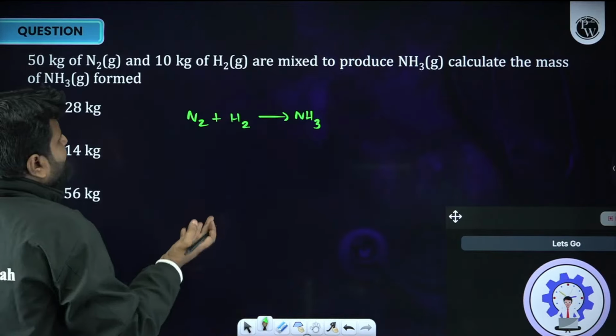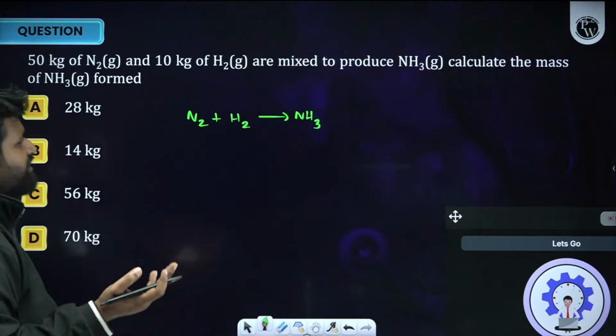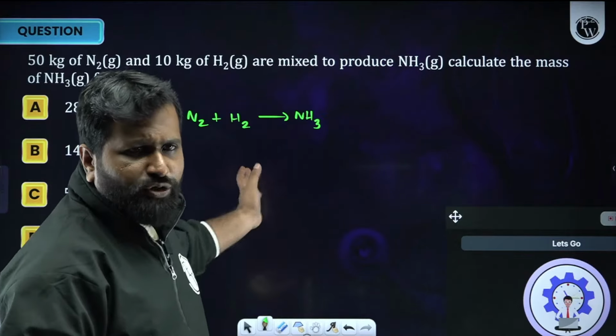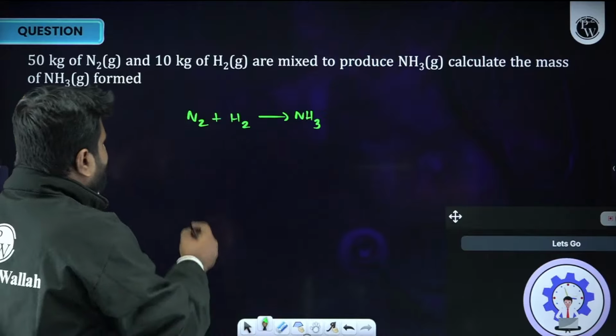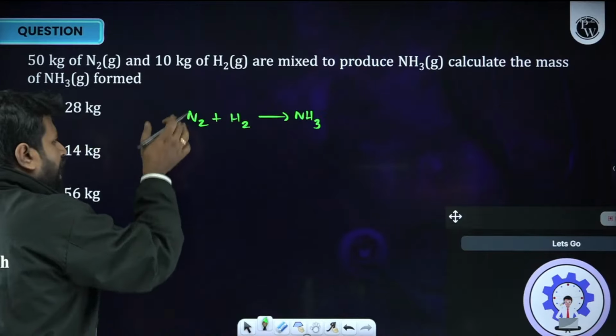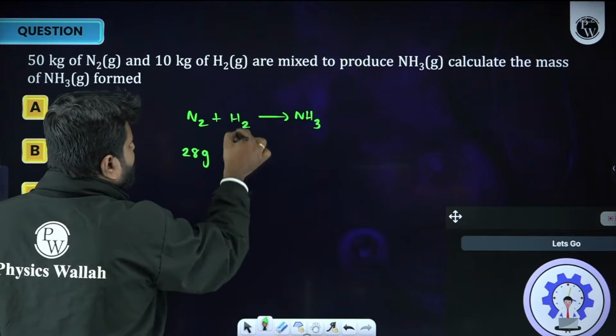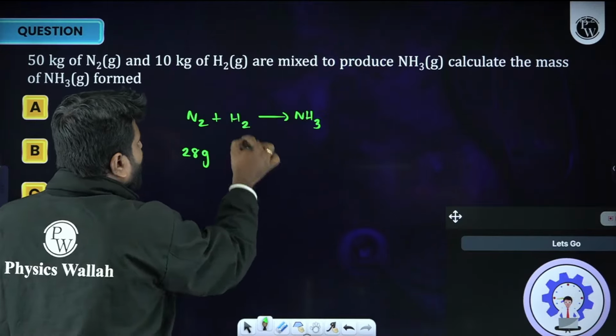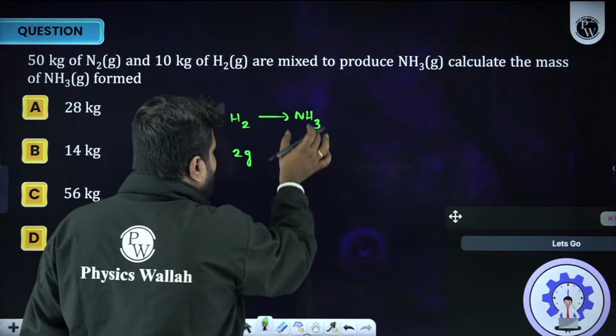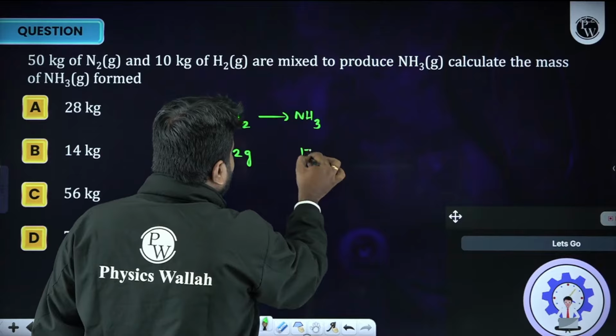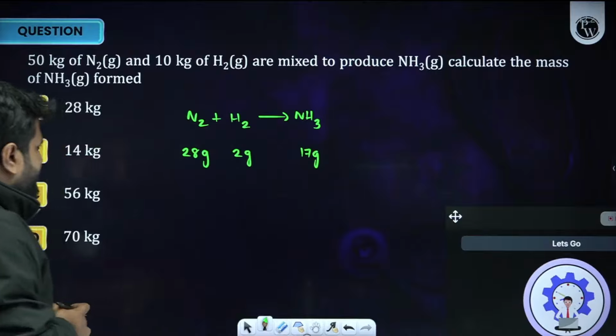Calculate the mass of NH3 obtained. It is very simple, so we can use the mole concept. What do we know? 28 grams of N2 reacts with 2 gram of hydrogen. According to the stoichiometric coefficients, we get 17 gram of NH3.